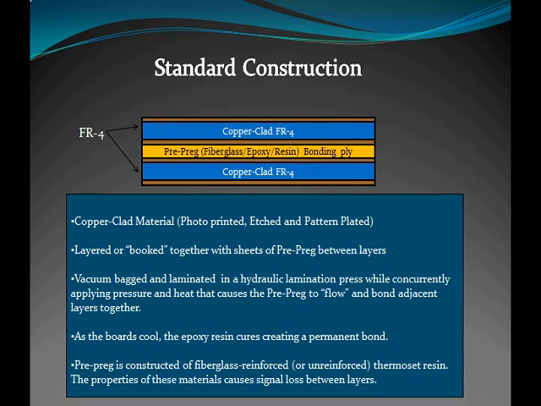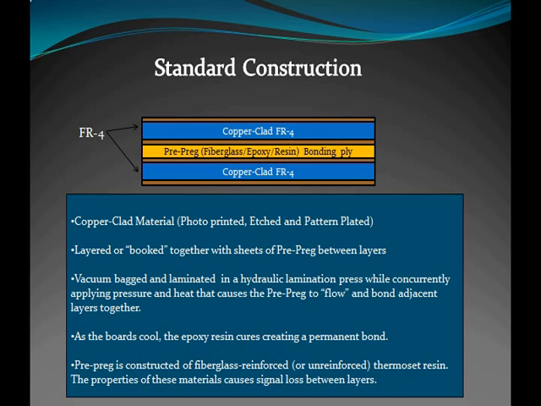The layup construction for standard lamination looks something like this. Copper-clad FR4 material that has been photo-printed and etched is layered, or booked, together with pre-preg between each layer. Pre-preg is made of reinforced or non-reinforced thermoset epoxy resin.